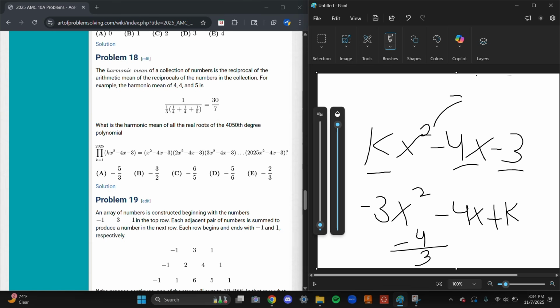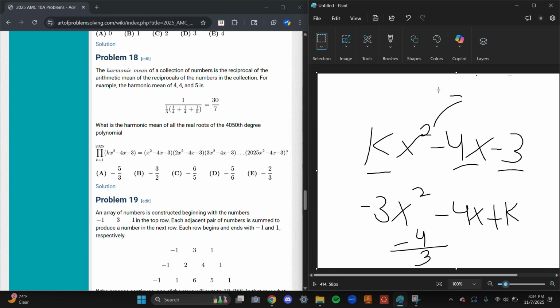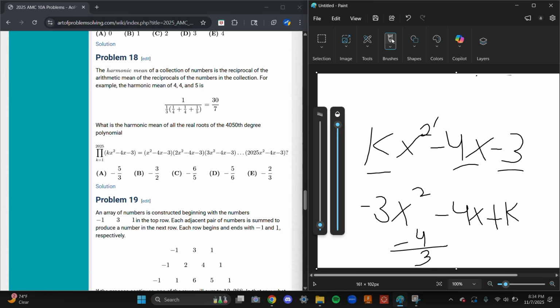And so how many of these are there, right? Well, there are going to be 2025 of them. So there are 2025 of these negative 4/3 here happening, right? Okay, so the harmonic mean is essentially just the reciprocal of the arithmetic mean, right?